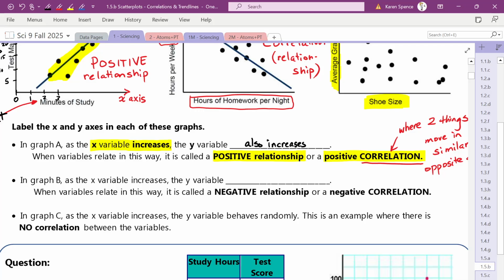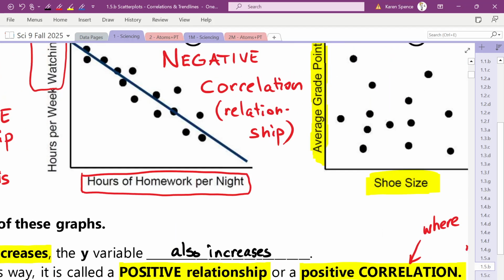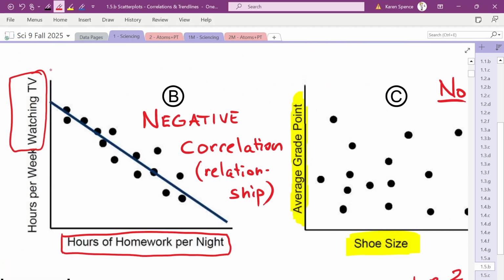Let's just fill in the rest of this. In graph B, as the x variable increases, so in other words, x is going up, what's happening in graph B? As the x variable goes up, no, that's not the x variable. What's wrong with my brain? That's the y variable.